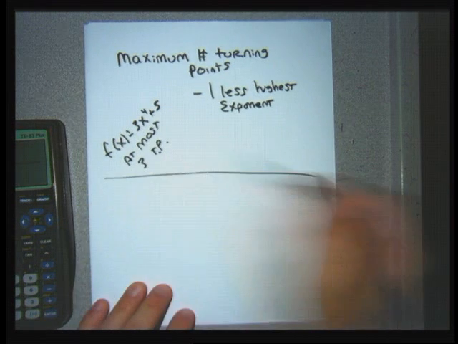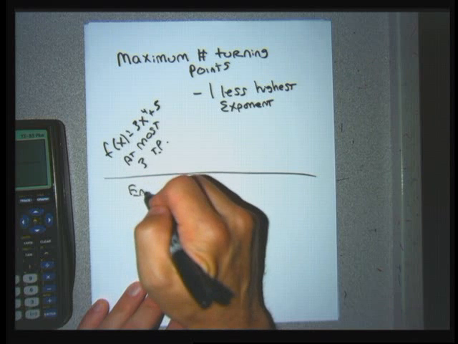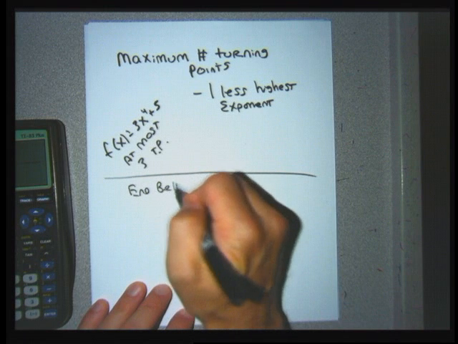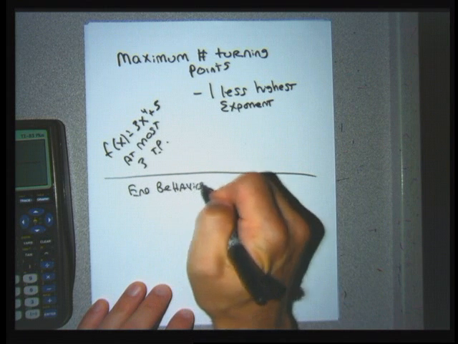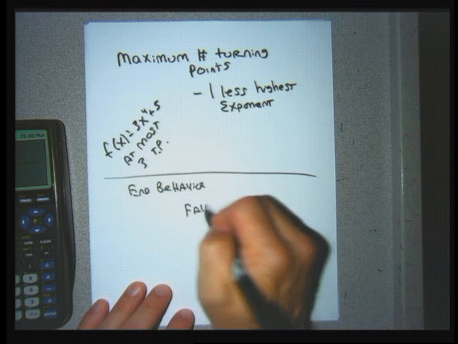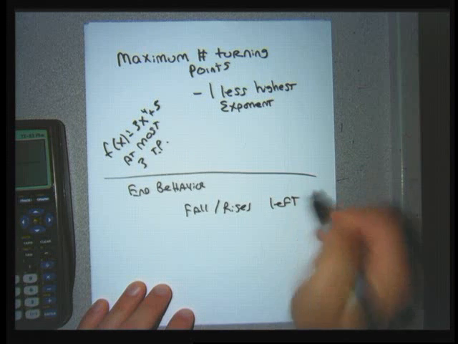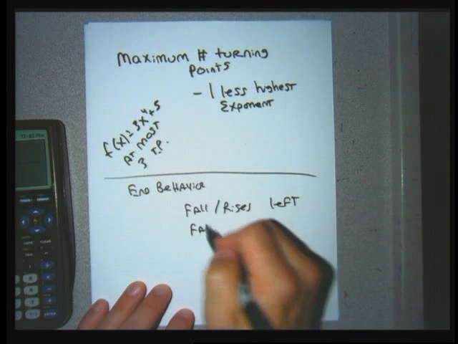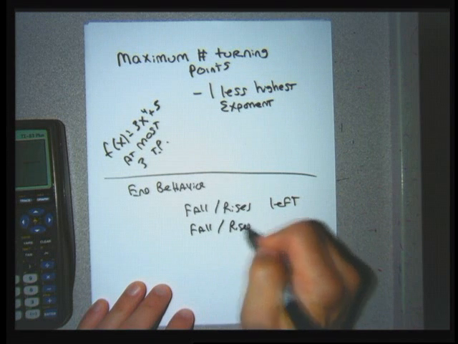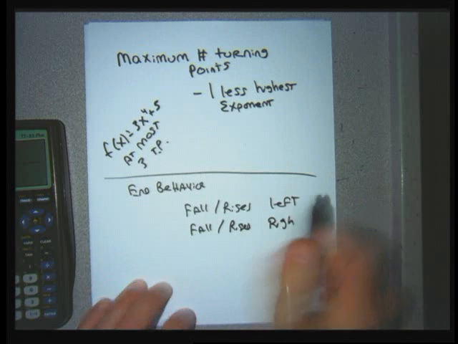We need to know about end behavior, and usually we say that the graph either falls or rises to the left depending on what it does, and it falls or rises to the right depending on what it does.